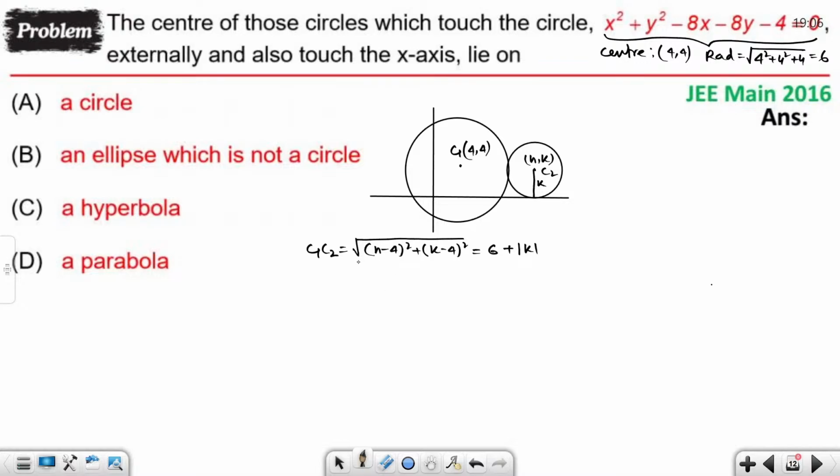Now if we observe, this is nothing but a relation between h, k and constants. Hence, this is the required locus. So let me replace h by x and k by y. Thus, the equation of the locus is this one. So let me simplify a little bit.